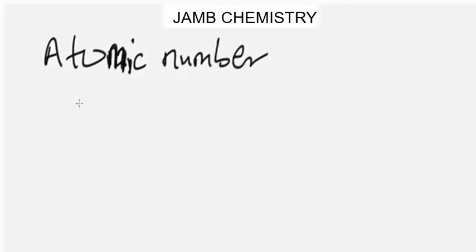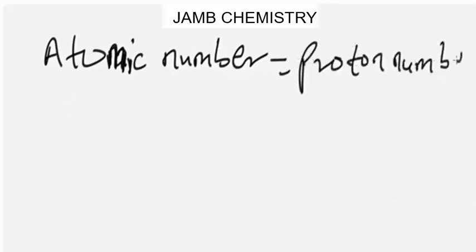Atomic number is simply the number of protons in the nucleus of an atom of an element. So atomic number equals what? Proton number. So either you call it atomic number or you call it proton number. So take note of this.